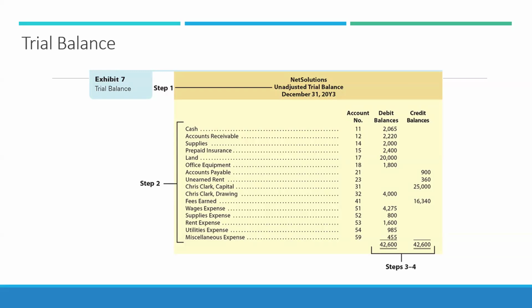Footing is adding up all of the amounts and verifying that that's the total at the bottom. You have to verify that it foots. So we have all of our debits, which are our assets, and then the drawings, and then our expenses, and then our credits are our liabilities, owner's equity, and revenue.